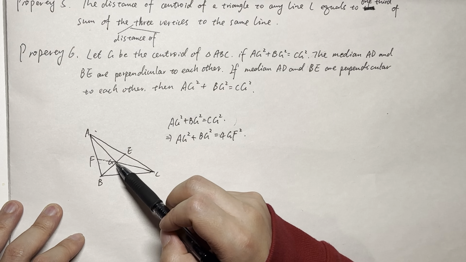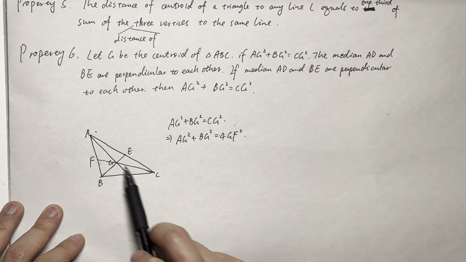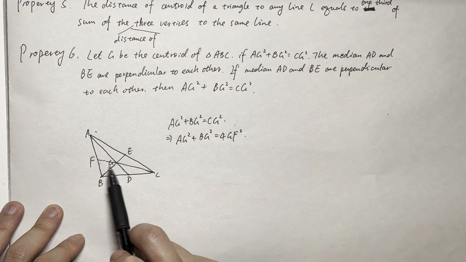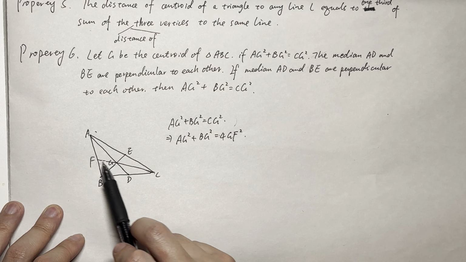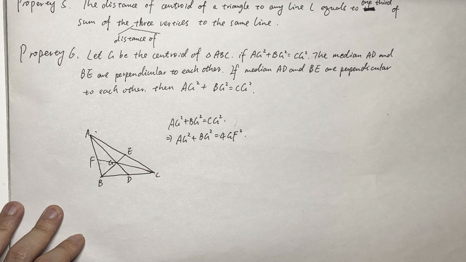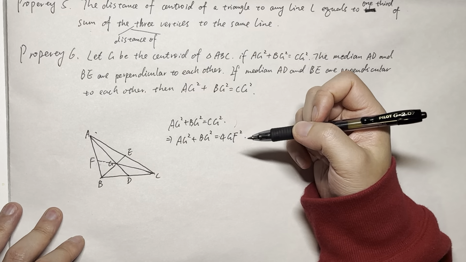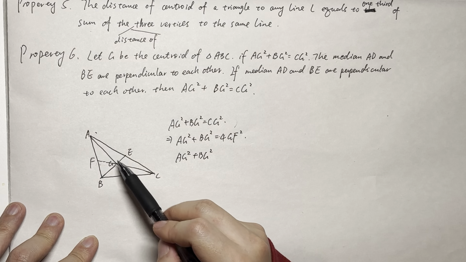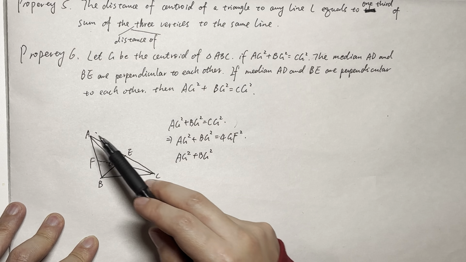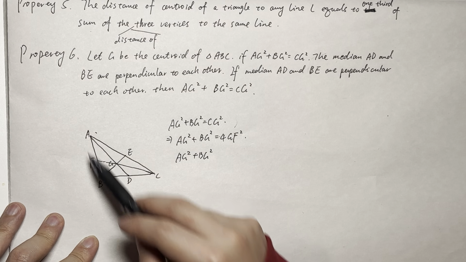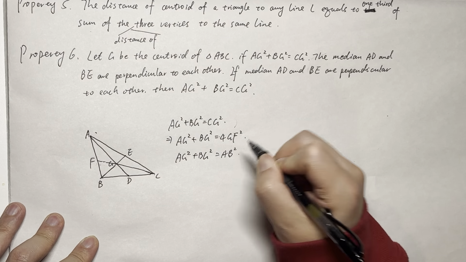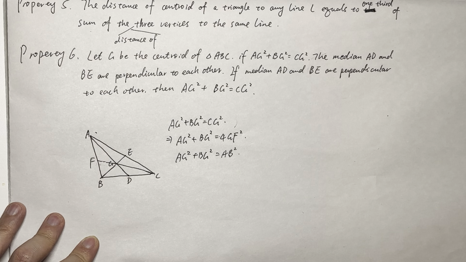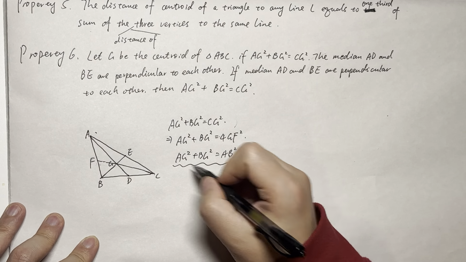CG is twice FG, so that is 4GF squared. The question is, how can we prove that AG squared plus BG squared equals AB squared? Because if AD is perpendicular to BE, then AG squared plus BG squared equals AB squared. So how can we prove this?